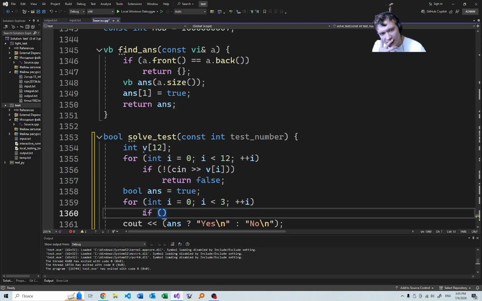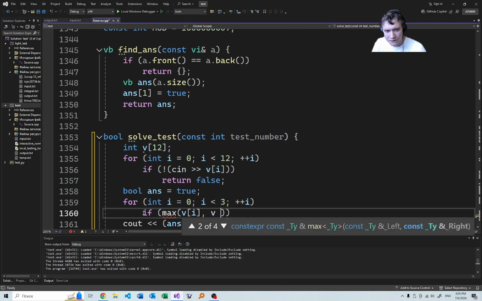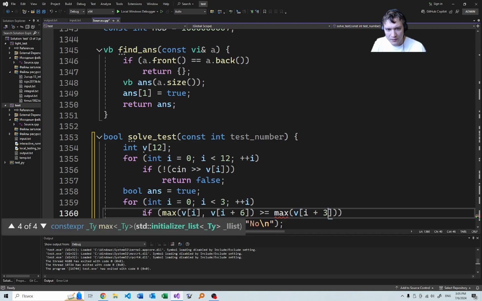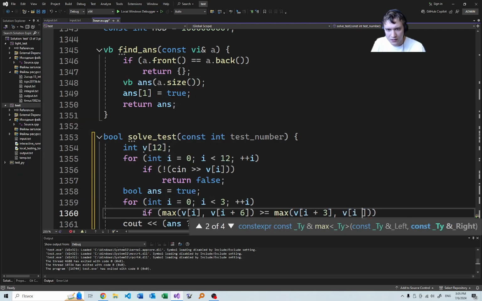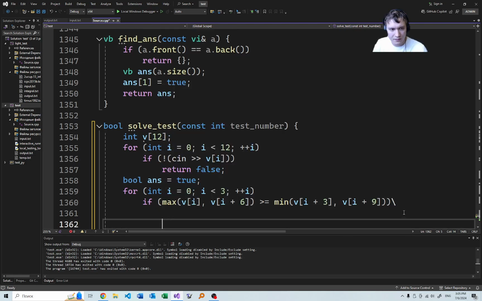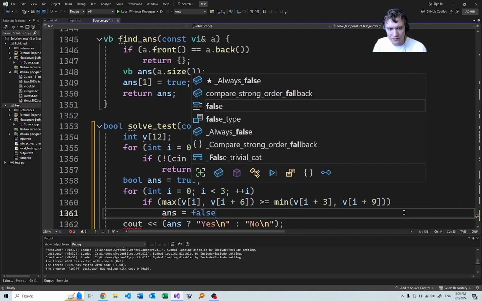So if the maximum of vi and vi plus 6 is greater or equal than the maximum of vi plus 3 and vi plus 9, actually minimum, then the answer becomes false.